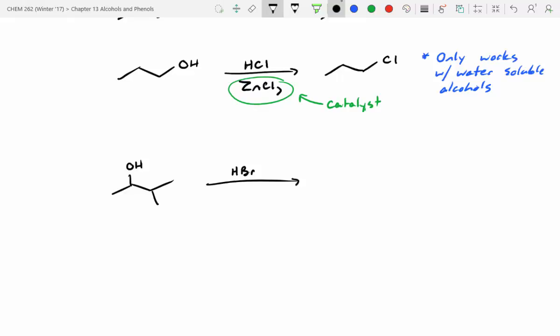So if we protonate the alcohol, it could pop off, form a secondary carbocation, and then undergo a hydride shift, which means this reaction can be somewhat unreliable because it can undergo rearrangement. So those are two main problems with the reactivity of alcohols, but I'll show you guys a good workaround.